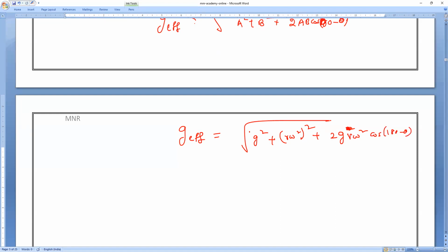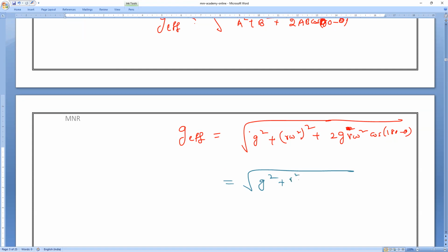Cos 180 minus theta is something you are all familiar with: it is minus cos theta.